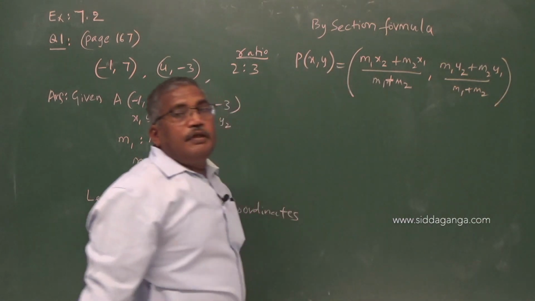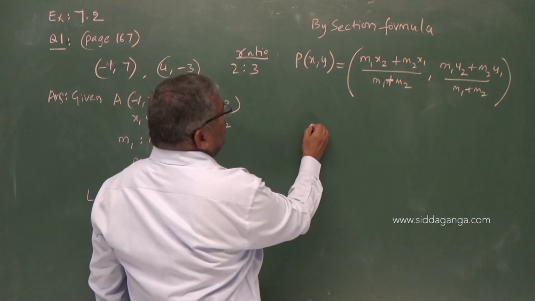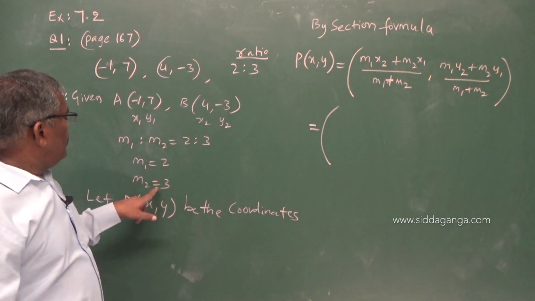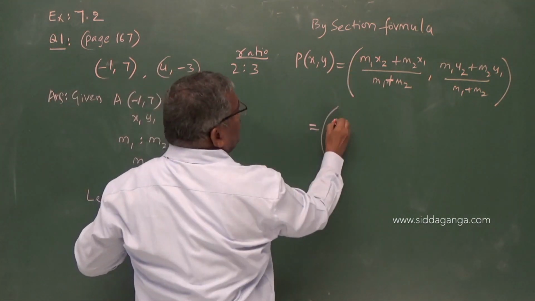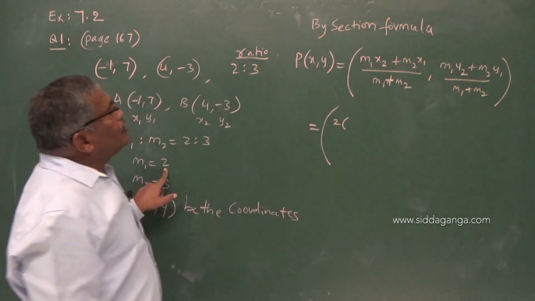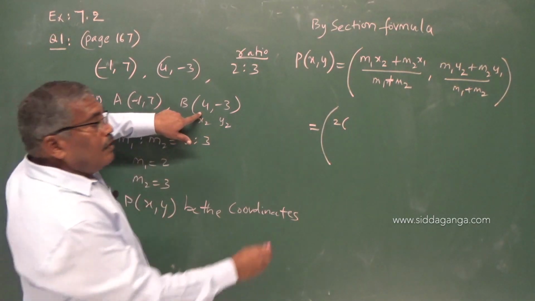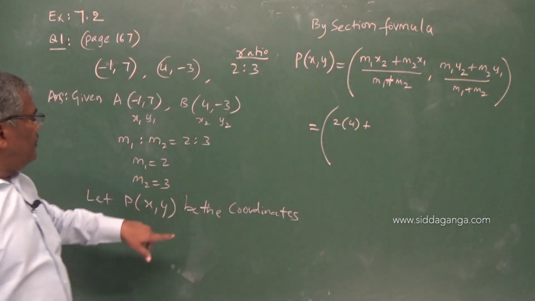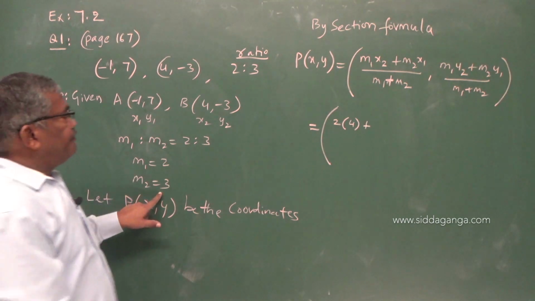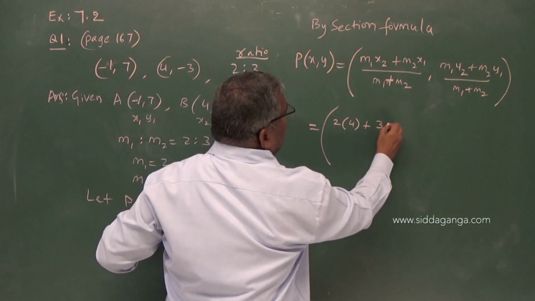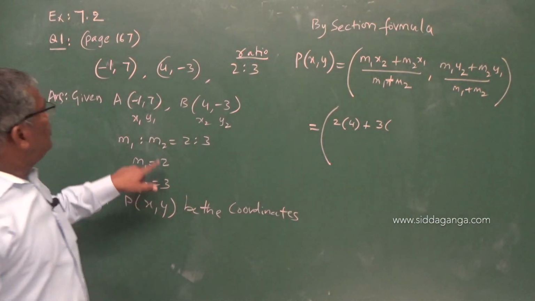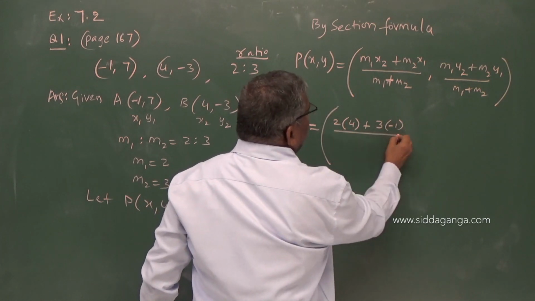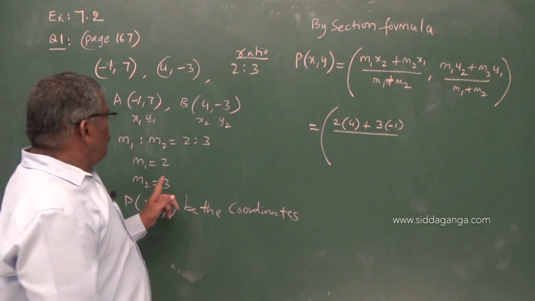Now you carefully substitute the values of x and y. Now m1 is 2 into x2 which is 4, plus m2 which is 3 into x1 which is minus 1, divided by m1 plus m2, that is 2 plus 3.